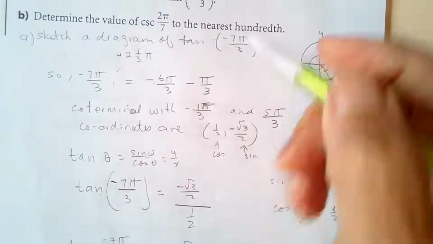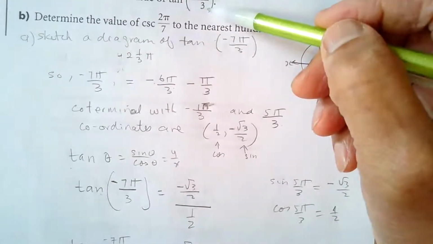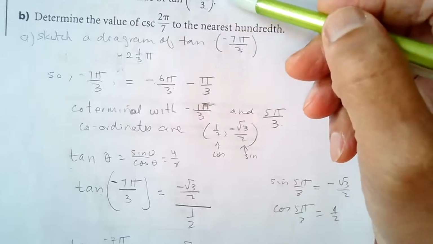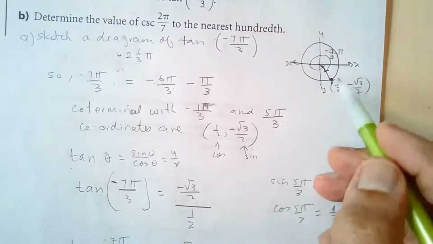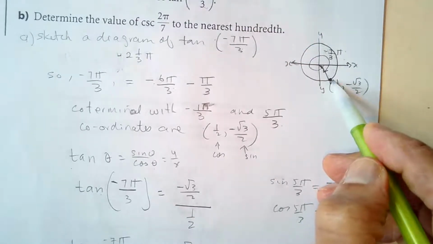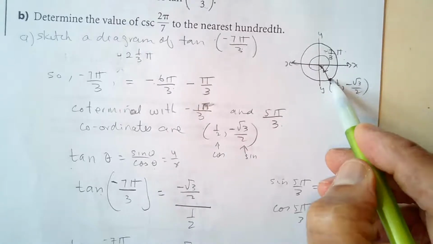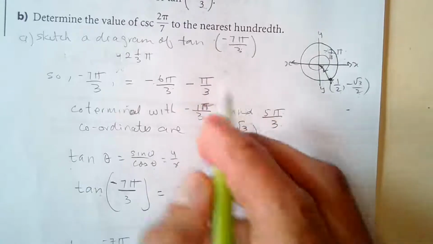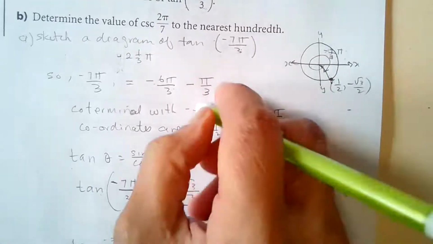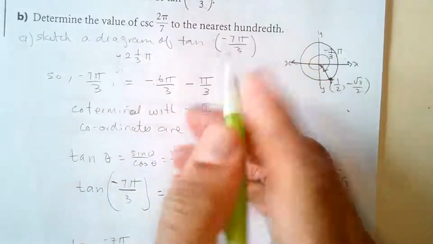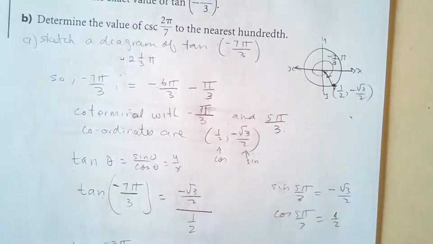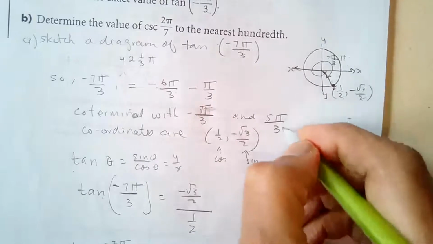So basically, what you're trying to find is the coterminal arm of negative 7 pi over 3. Then go to your unit circle to find the coordinates for the coterminal. In this case, it's 5 pi over 3 or negative pi over 3.